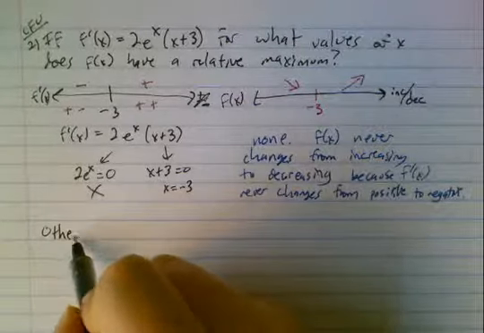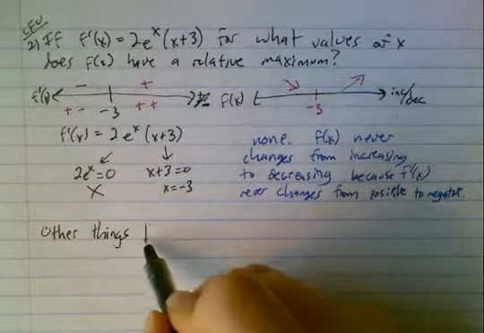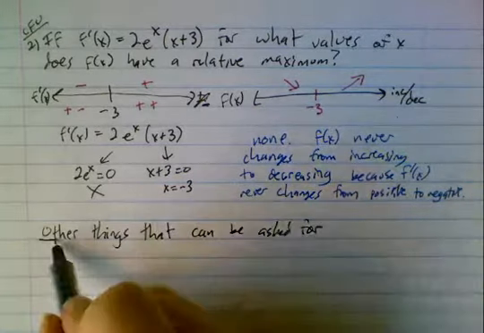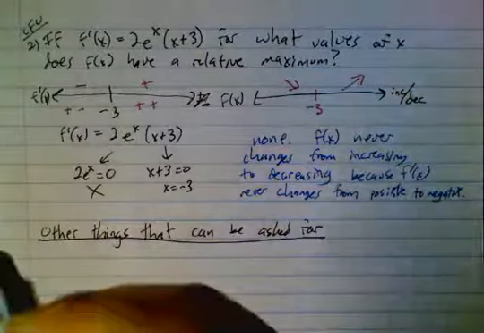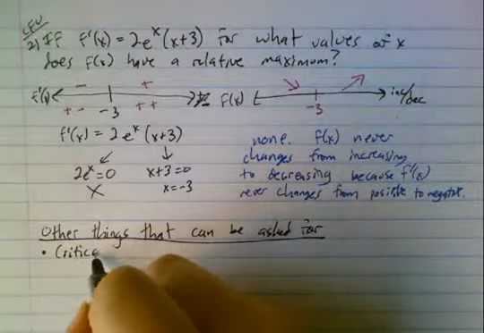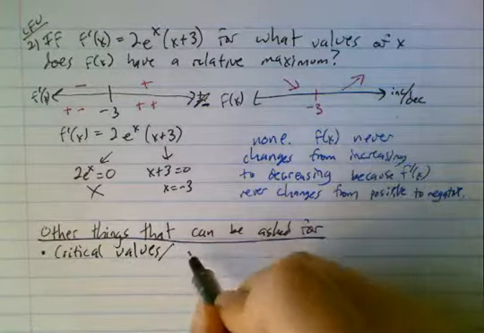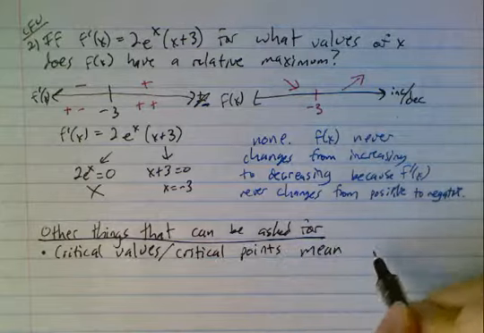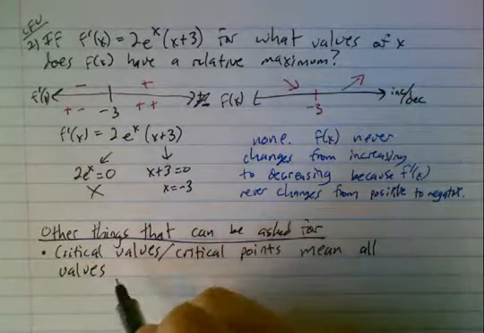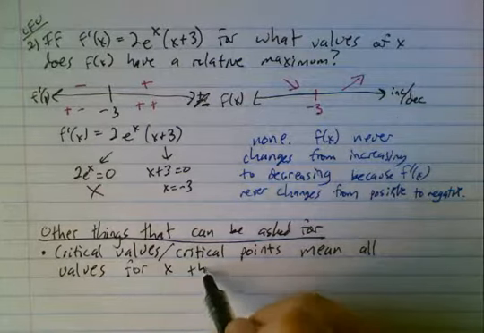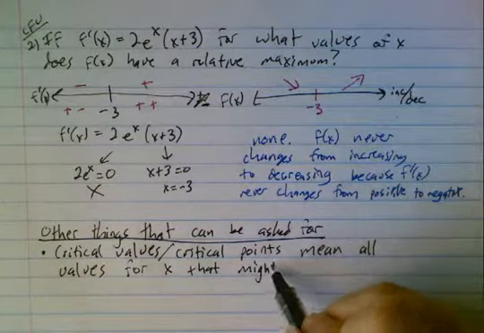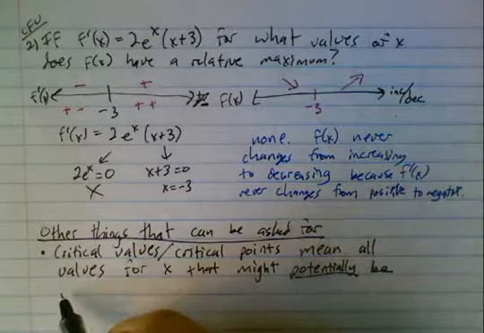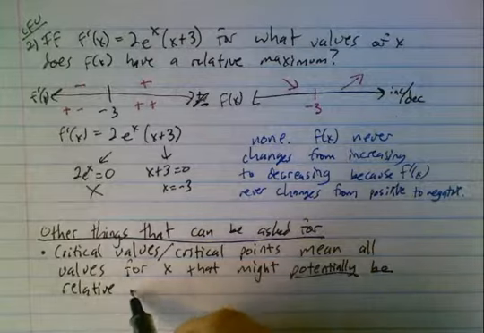There are some other things that can be asked for. Critical values or critical points mean all values for x that might potentially be relative minima or maxima.